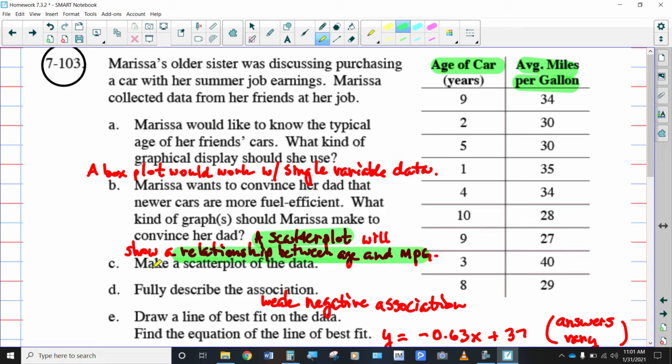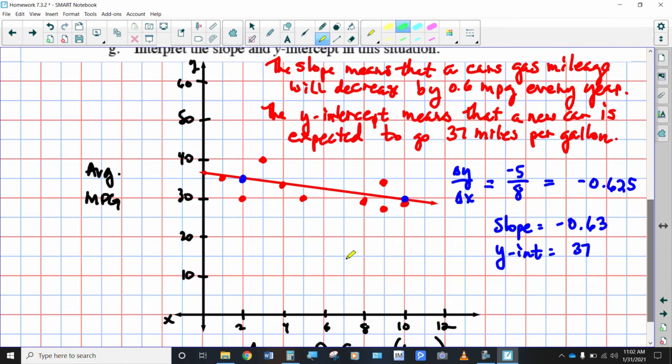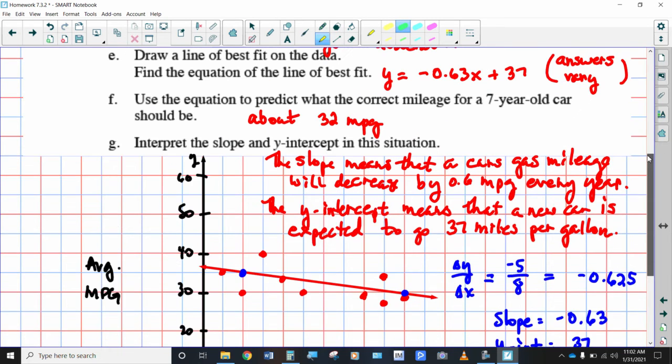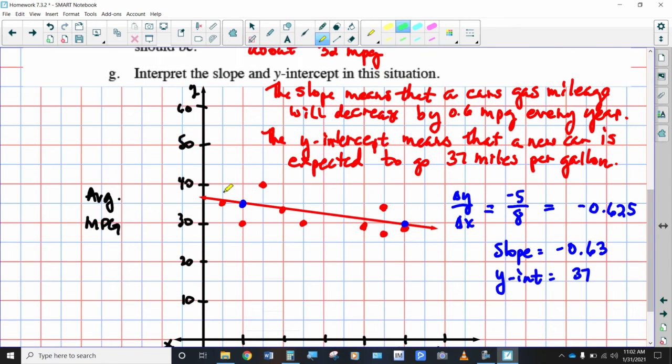So we need to make the scatter plot. And did I make it down here? Is this where it is? Yes, this is where it is. I say that was a weak association. I feel like maybe that should be moderate. I might change my mind there. Weak negative association, we'll call it weak to moderate. It's certainly not strong, but you do see the trend does go in this direction.